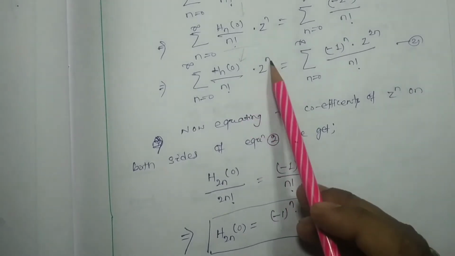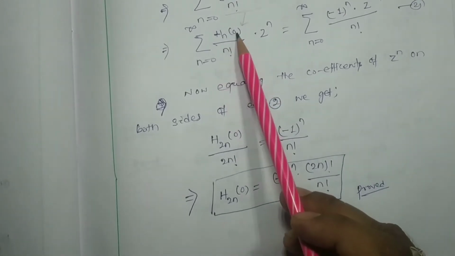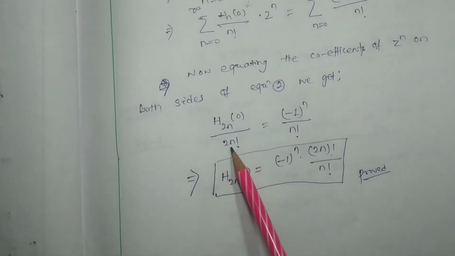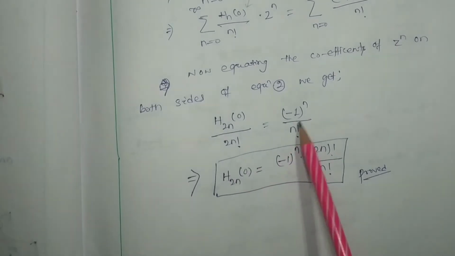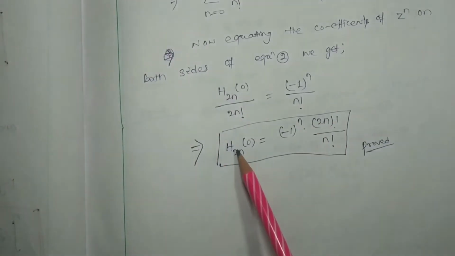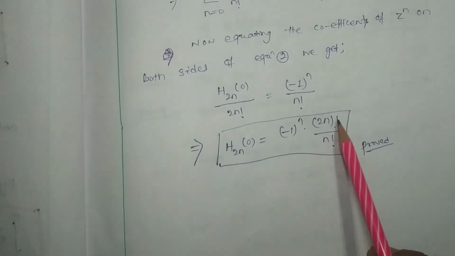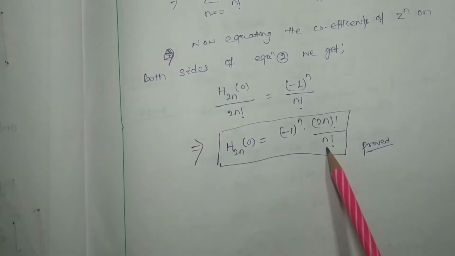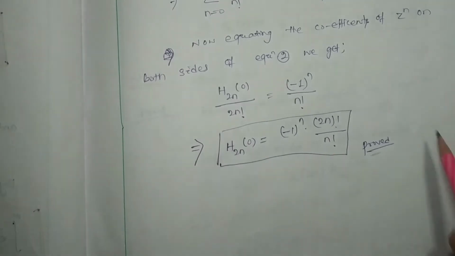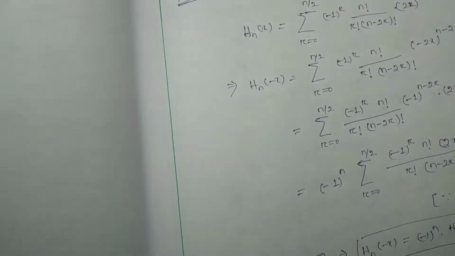For that z^(2n) the coefficient will be H_2n(0)/(2n)! equal to (-1)^n/n!. Hence H_2n(0) will be equal to (-1)^n (2n)!/n!. Hence it is proved. We have to move to the next question.